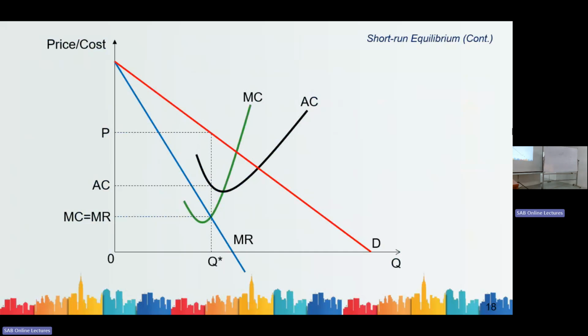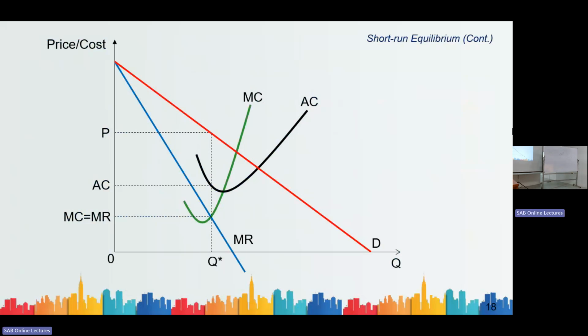So the first step you have to do is find where MR equals MC, where the two curves are cutting. And then find the profit maximizing output. That is the second step. After finding the profit maximizing output, go straight to the demand curve and find the price corresponding to that point.